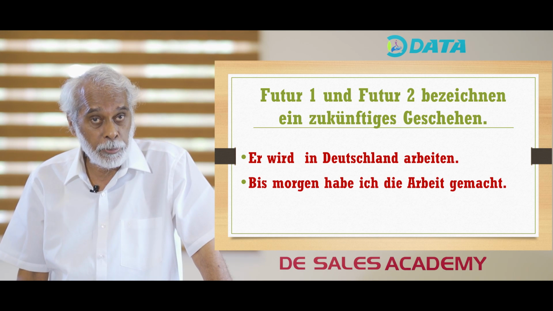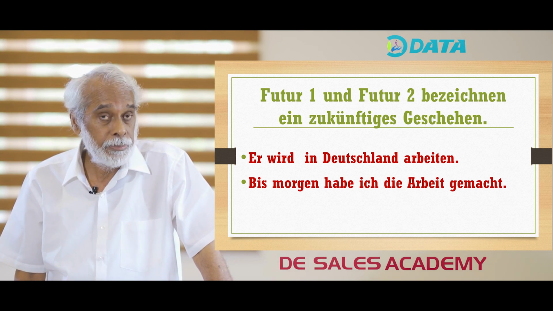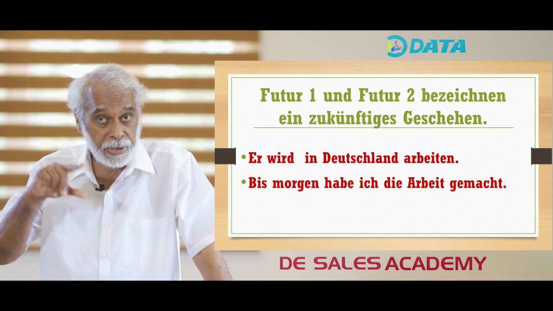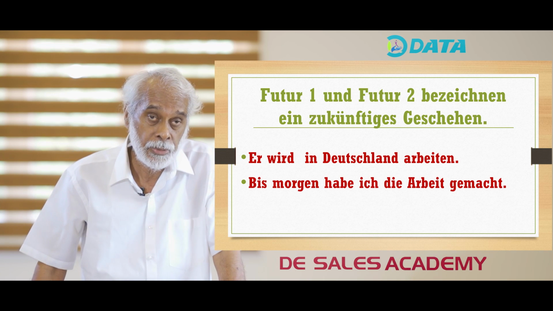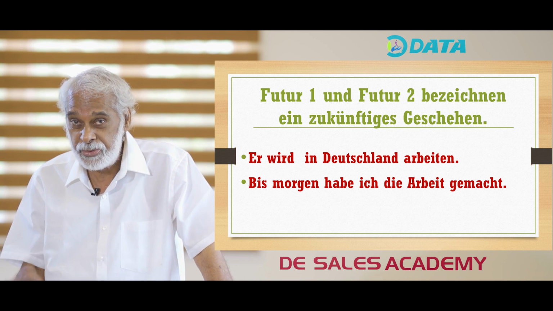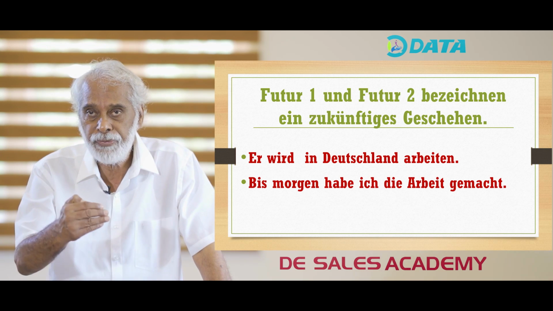Er wird in Deutschland arbeiten. He will work in Germany. Futur 1, werden plus Infinitiv. Oder bis morgen habe ich die Arbeit gemacht. Structure is that of a perfect. Till tomorrow I would have finished my work.